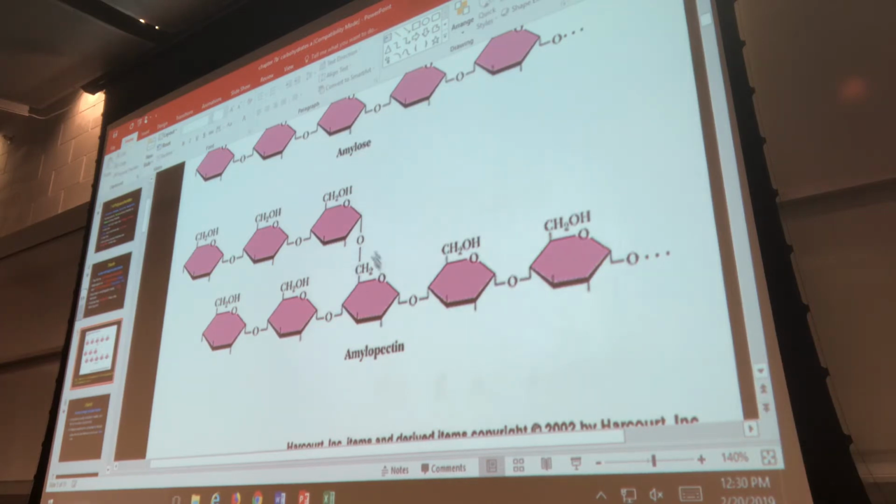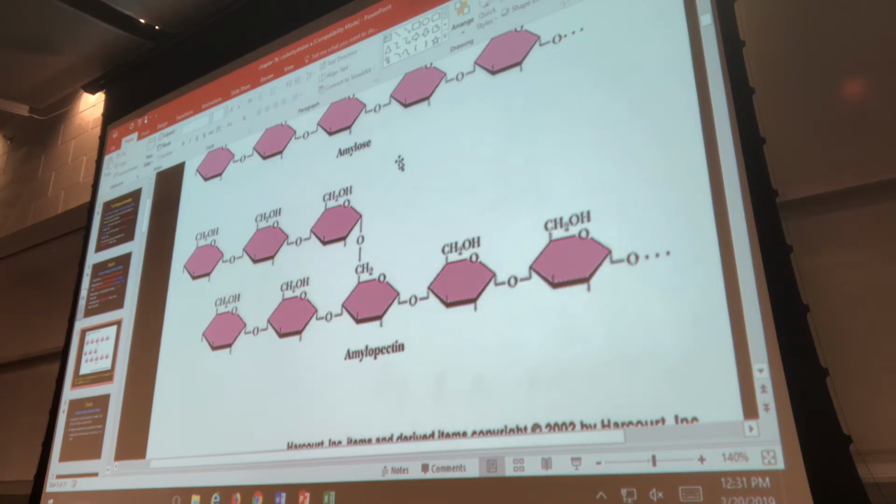At what numbered carbon is this? That is carbon 6, right? The carbon that's sticking out of the ring is carbon number 6. So every now and then a branch comes out of the linear chain of glucoses, and you can start another linear chain of glucoses from this branch. So amylopectin, think of as a branching network of glucose chains.